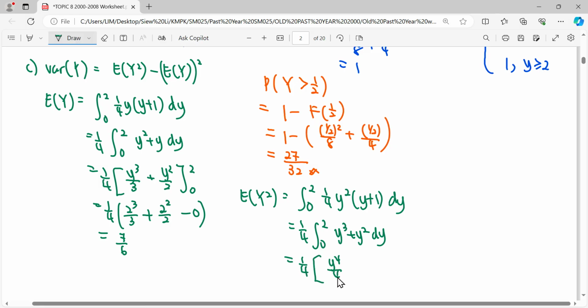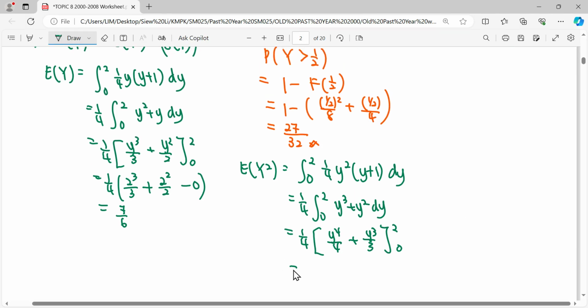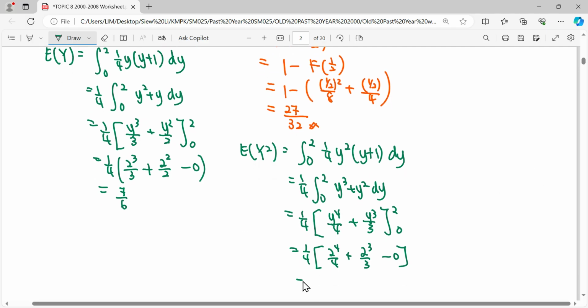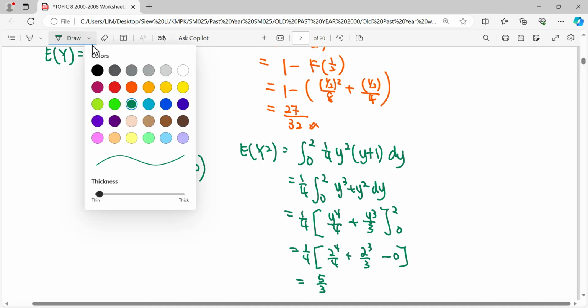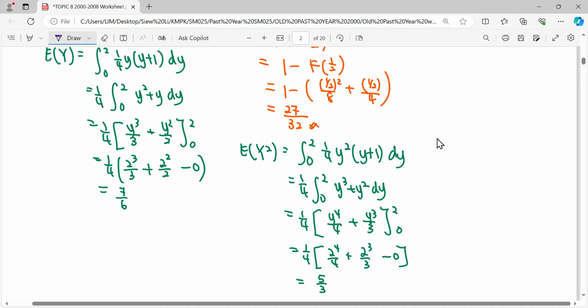So power plus 1 over new power. Okay, so the last step is finding your variance. Variance of y equals E(y squared) minus E(y) squared.